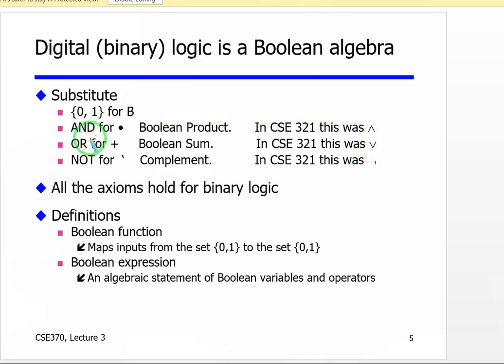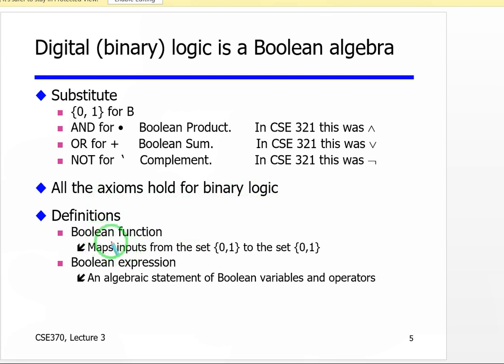The same thing applies: for AND we use conjunction, for OR disjunction, and for NOT negation. Compare lecture number 1, which is based on discrete maths, with the Boolean one: this is compared to AND, this to OR, this to NOT. All the axioms hold for binary logic.